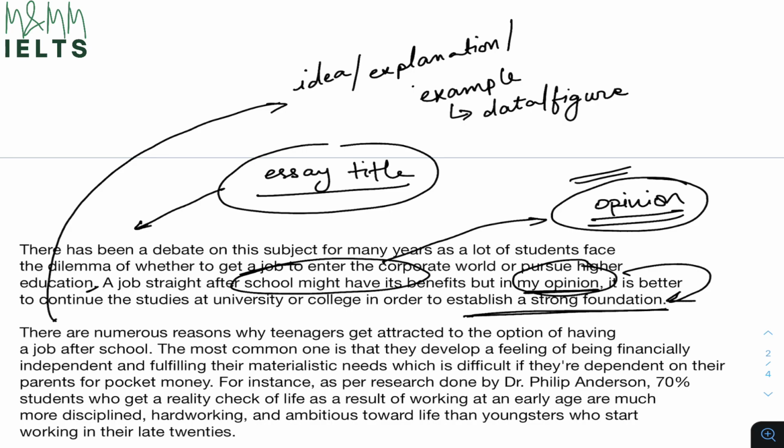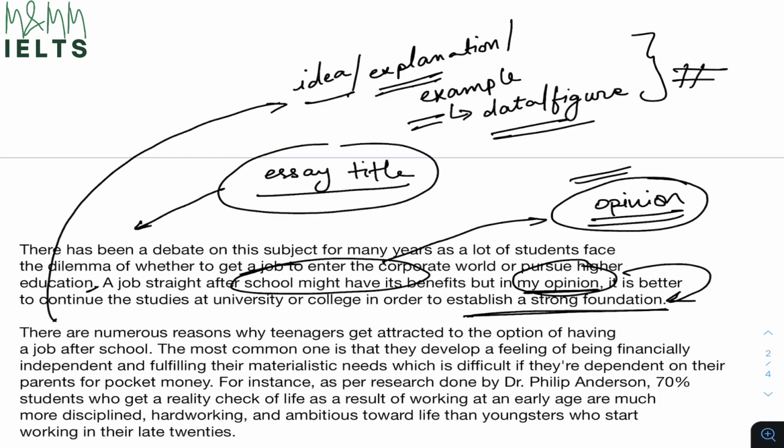I'll repeat myself again. Focus on your language, not on your general knowledge. Okay? So yes, if you keep this formula in mind for body 1 and body 2 both, which is idea, explanation of idea, and a relevant example, prefer giving some data or figure in the example, this will give you a complete body 1 and a complete body 2.